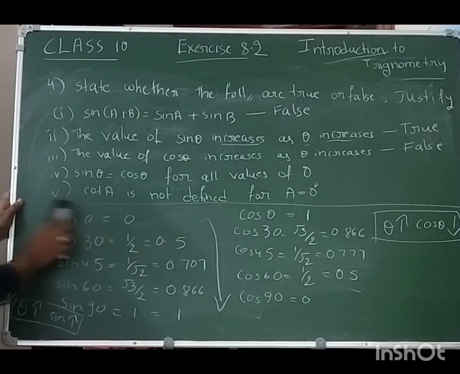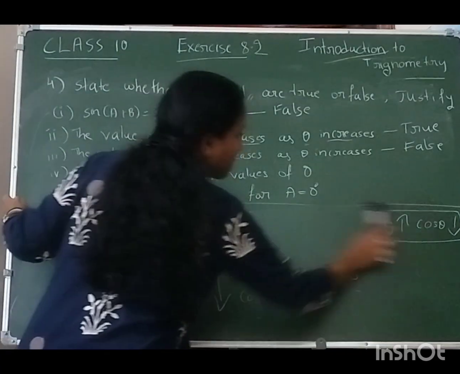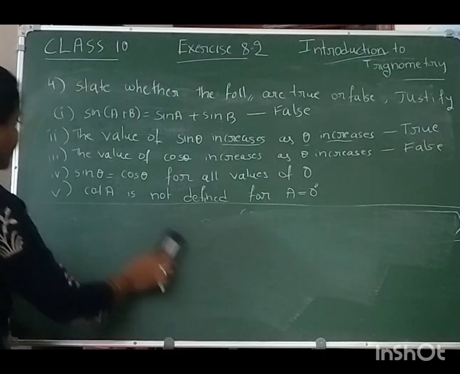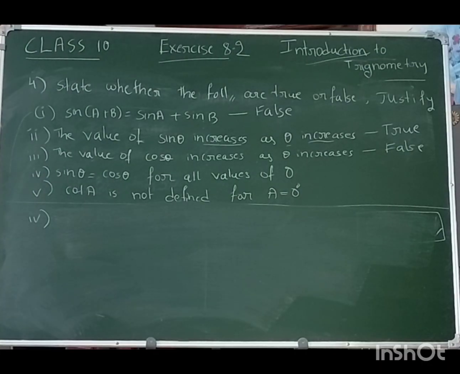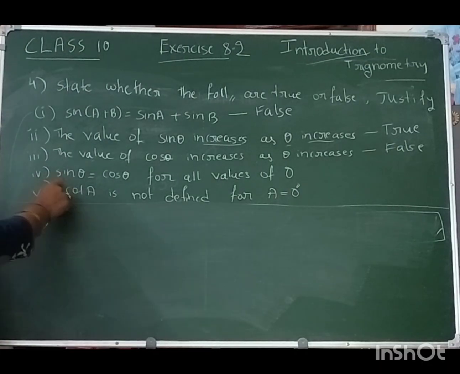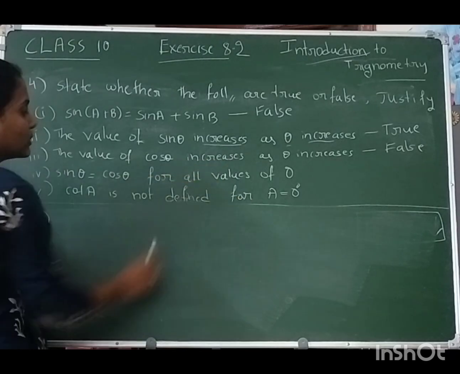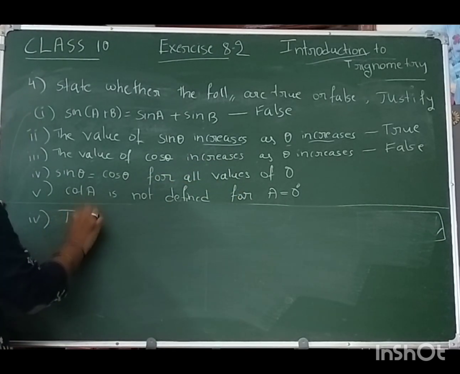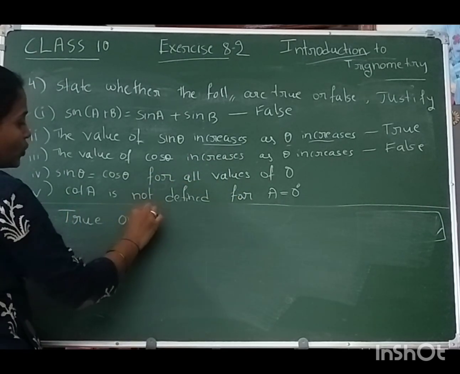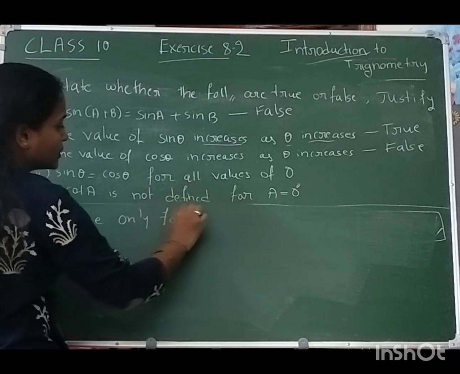Next we will go for question number 4. Sin theta is equal to cos theta for all values of theta. We know that it is true only when theta is 45 degrees.